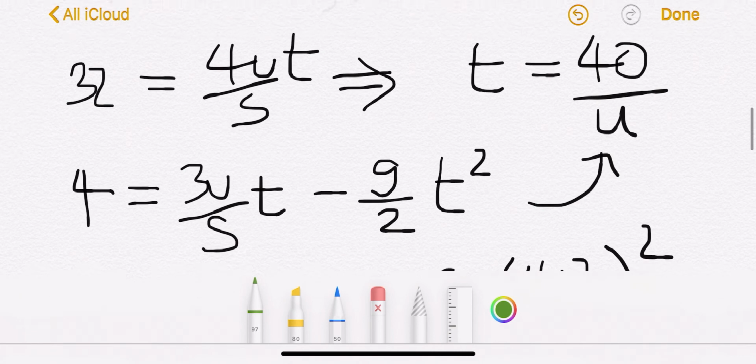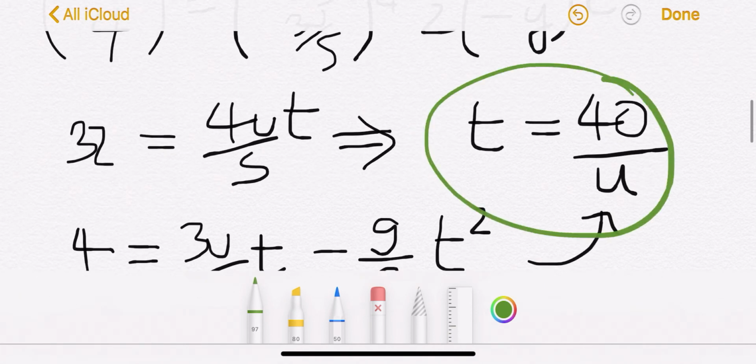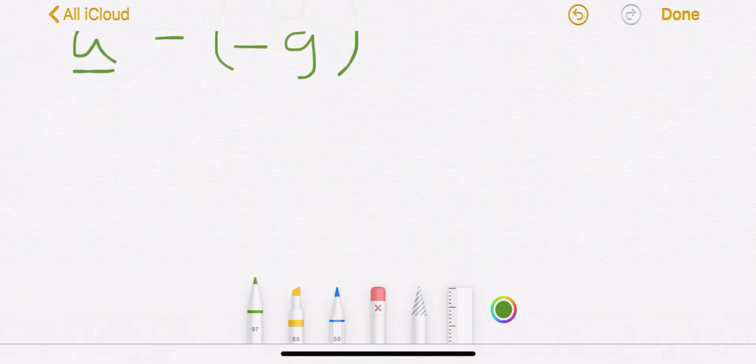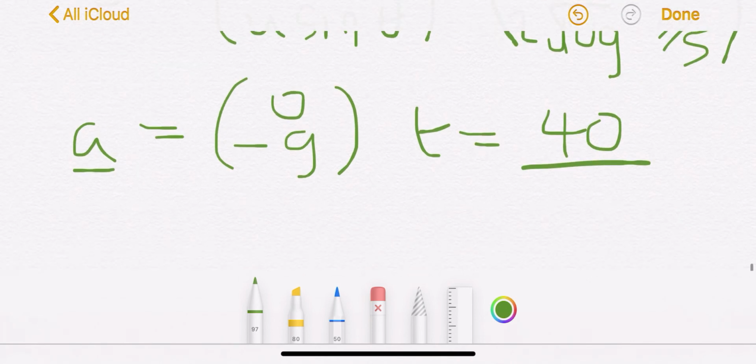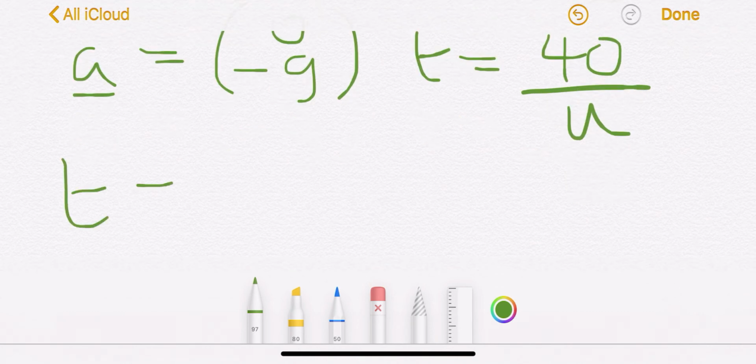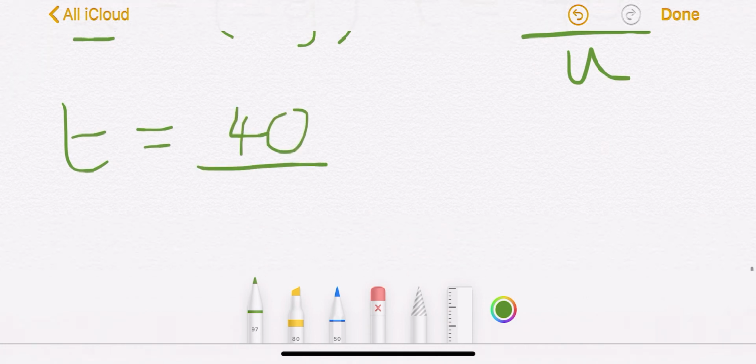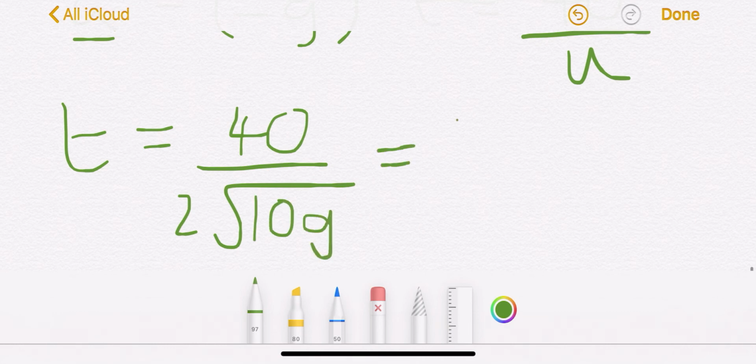T is equal to 40 over u. So t equals 40 over u, but we have calculated this u. That u was 2 root 10g. So actually we know that t equals 40 over 2 root 10g, which is 20 over root 10g.